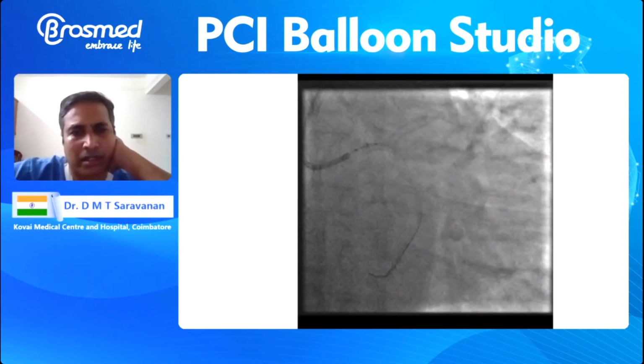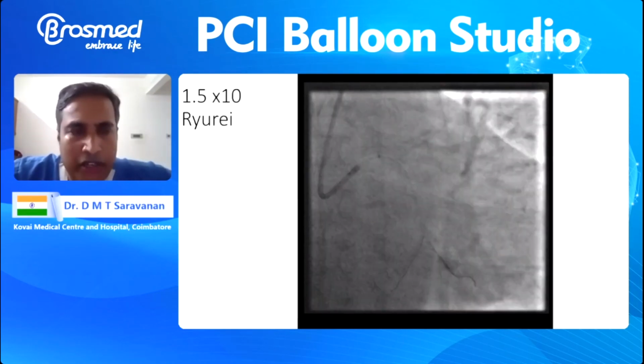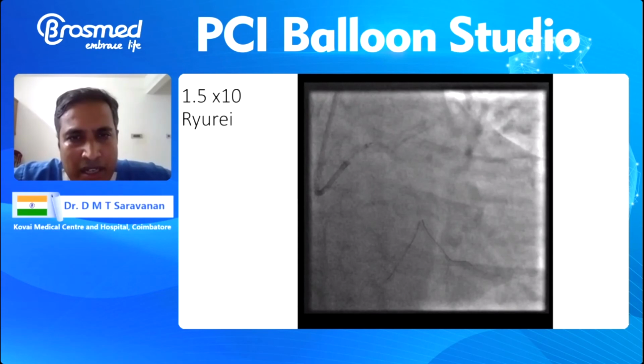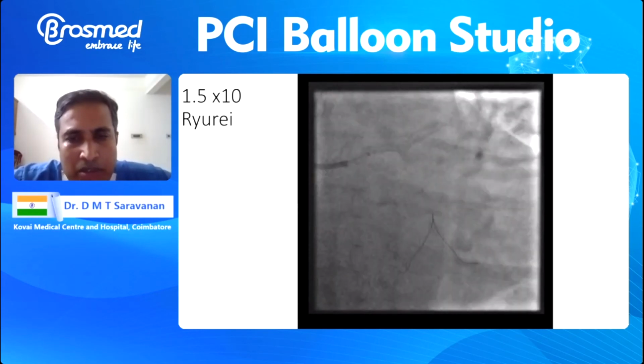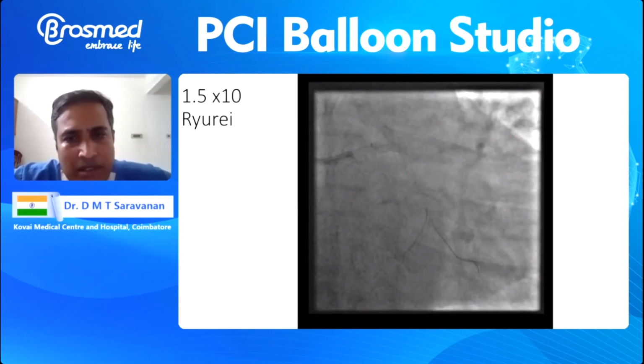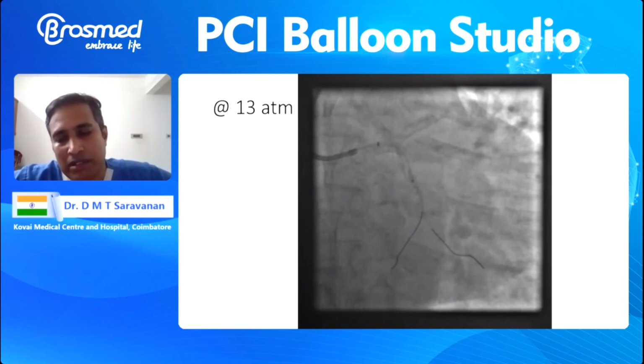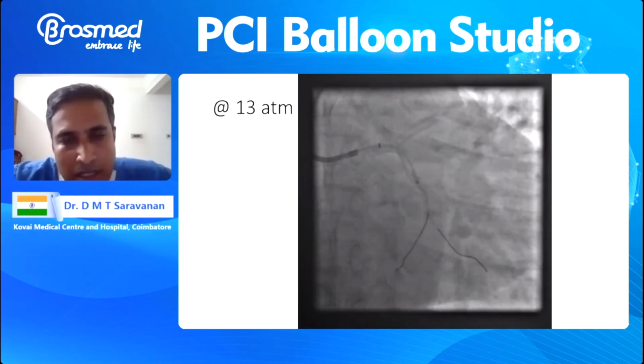Next I used a 1.5 balloon, and that went across the struts and was able to go to the lesion. I was able to go to 10 atmosphere. The problem with the soft balloon is when you go to higher pressure, they burst.